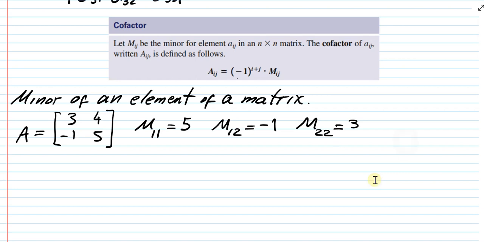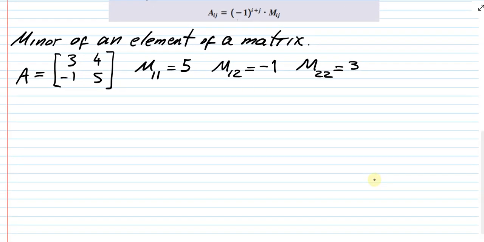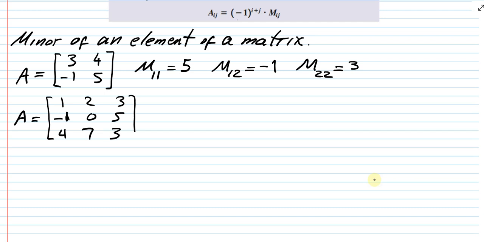Okay. Now, what if I have a 3 by 3? So for example, let's say matrix A, I'm going to make it 1, 2, 3, -1, 0, 5, 4, 7. Let's do another 3 also, just to make a point here. And suppose I want to find a minor of 2 in that position.